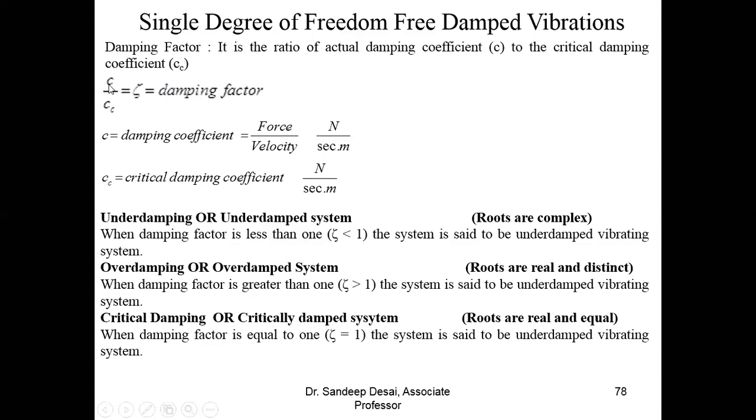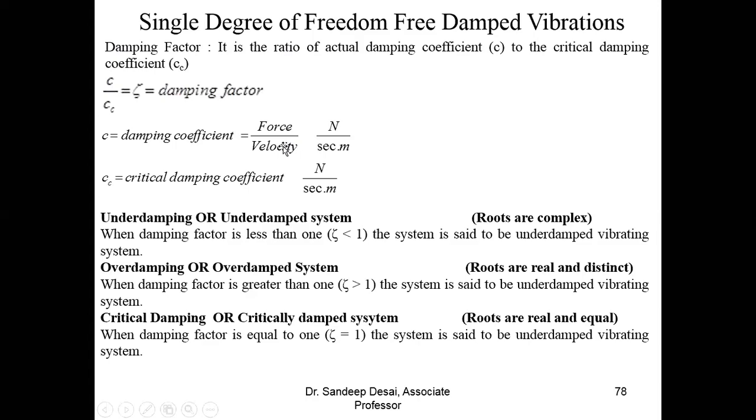It is equal to the actual damping coefficient upon the critical damping coefficient, right? And the damping coefficient, as said earlier, is something which indicates the damping capability of the system. If the damping coefficient has a higher value, damping is better, right? Its unit is force upon velocity.